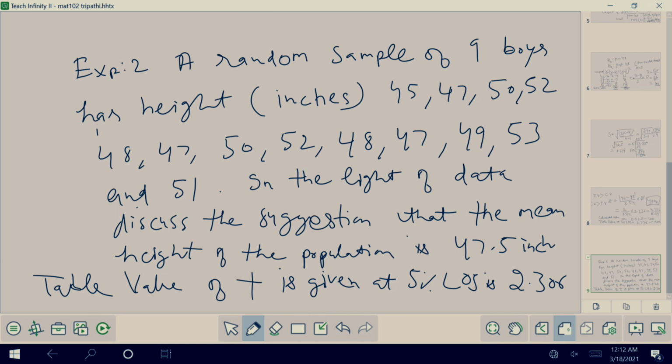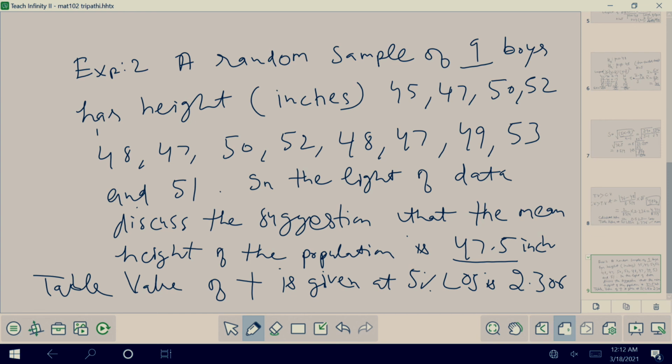And in this question, what are you given? You are given n, that is 9. First of all, after seeing the example, you have to see what you have given and what you have to calculate. So, you have given n, that is 9, you have given mu, means population parameter, and this is data related to sample.